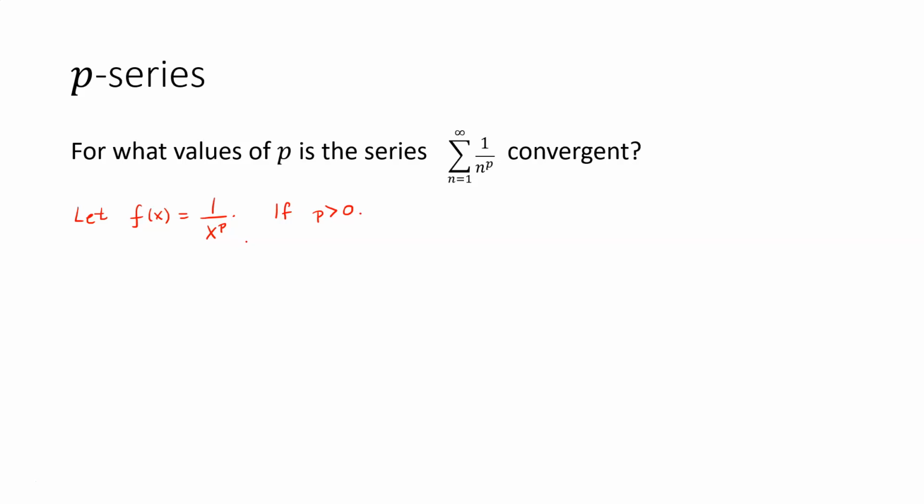Because in this case, it's clear that 1 over x to the p will be a positive, continuous, and decreasing function on the interval 1 to infinity. So that's just checking the basic conditions that are required in order to use the integral test.